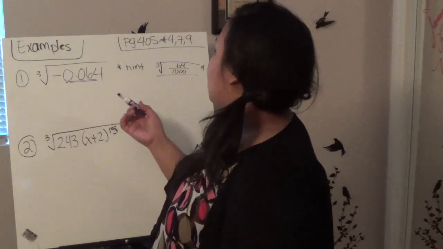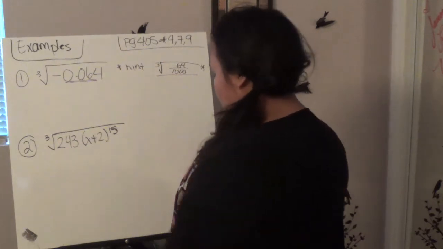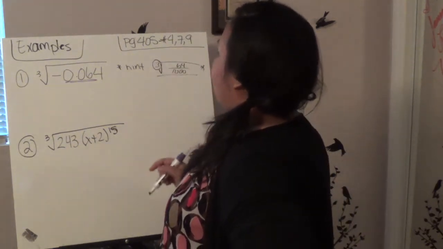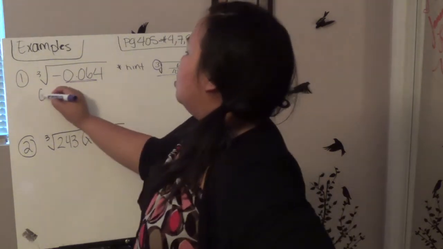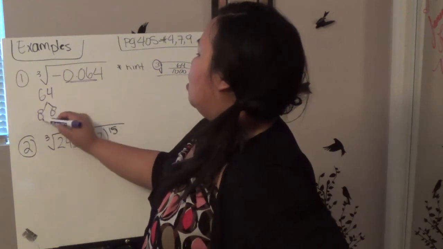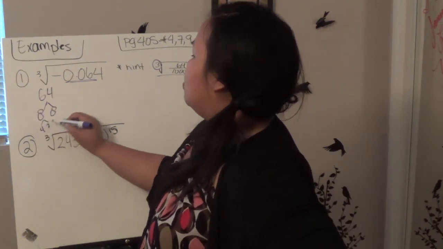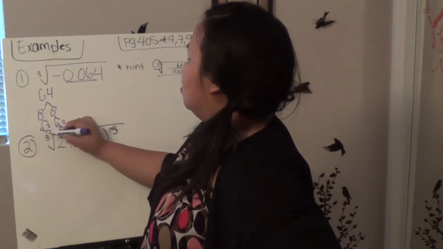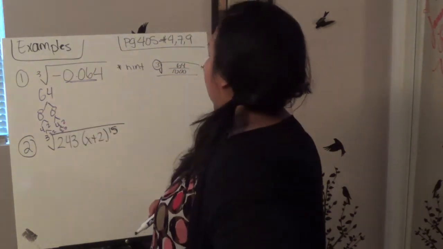And again, it gives me permission to take out 3 sets of 3. So let's simplify 64, which is 8 times 8. This is 4 times 2, 4 times 2, 2 times 2, 2 times 2. Okay?